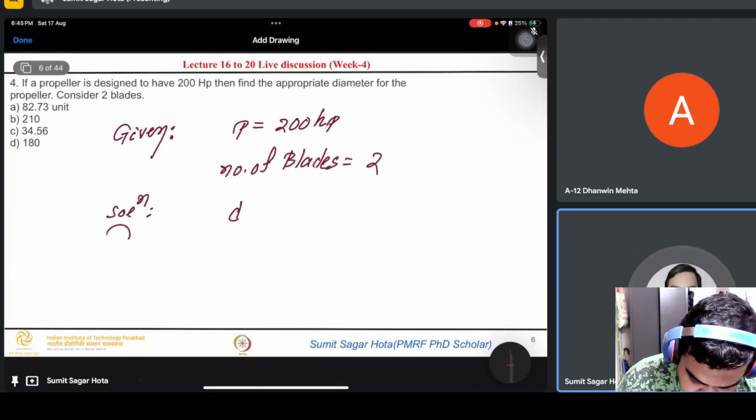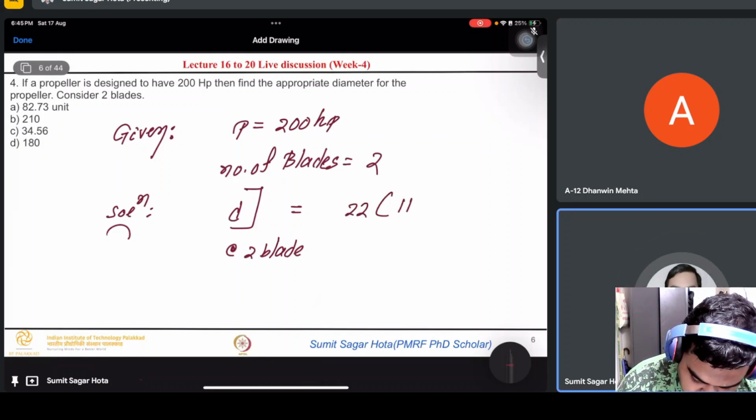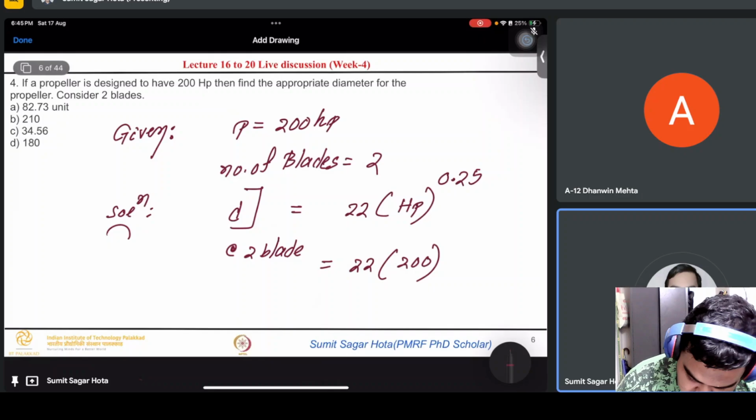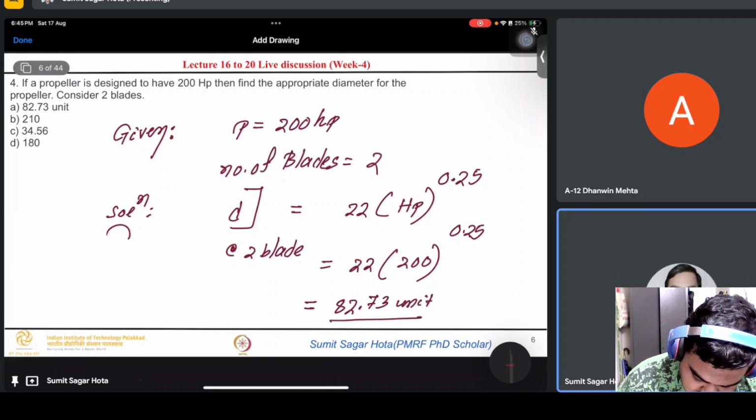The formula for a two blade propeller is D equals 22 into horsepower to the power 0.25. So 22 into 200 to the power 0.25 is 82.73 units. Okay, so the answer is A.